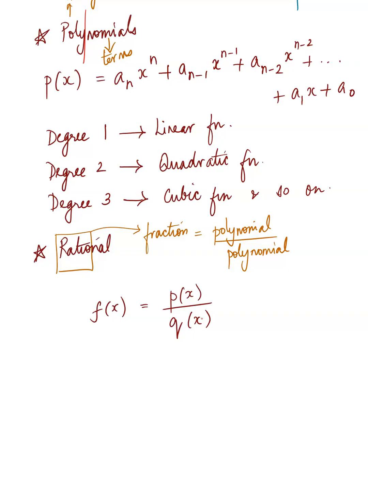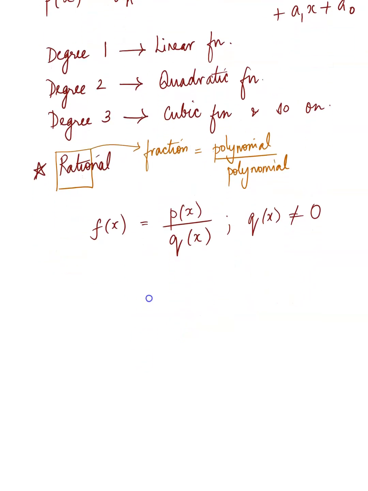Because where it becomes 0, the function becomes undefined, and there will be a break in the graph, right? Wherever it's undefined, there will be a break. And therefore, we want to pay that extra attention here, okay? Provided the q of x is not equal to 0 for a particular x. So if you found a particular x, you have to exclude it from your domain and get your graph, okay?